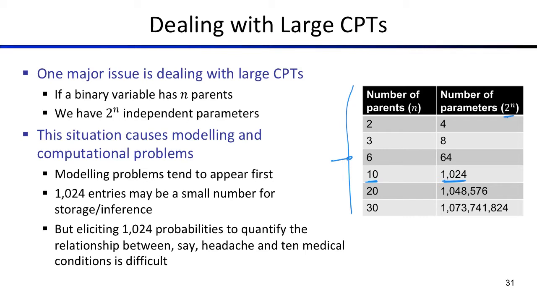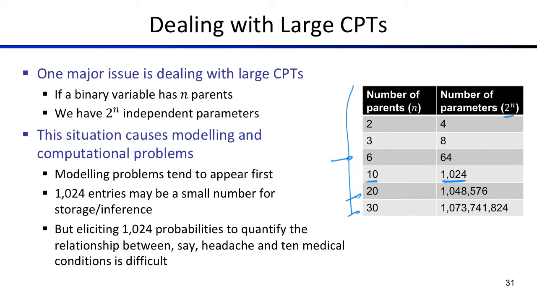So the computational problem will appear, but for a much larger number of parents. It's going to happen when we have like 20 or 30 parents. At this point, we will feel that the inference starts to become slow.